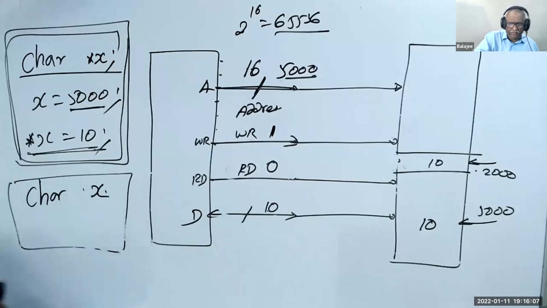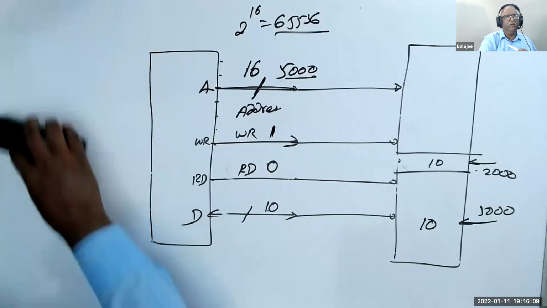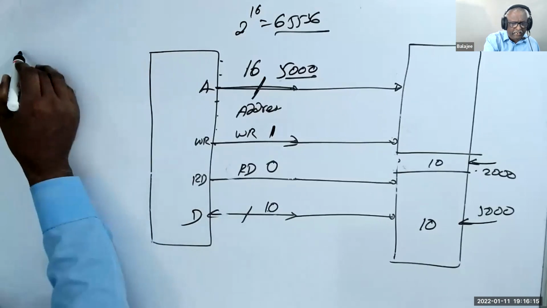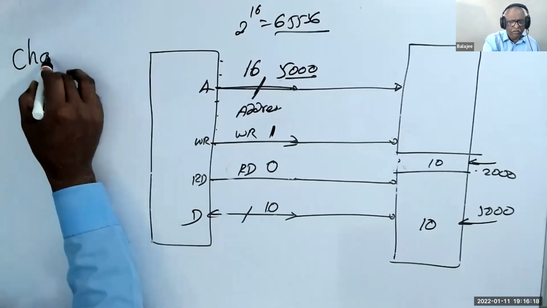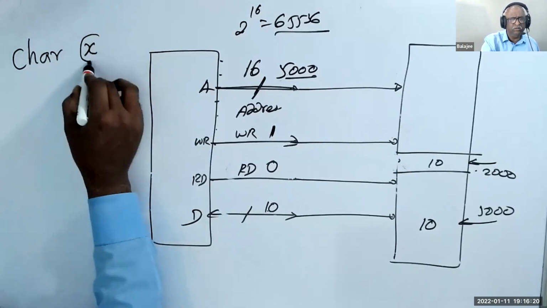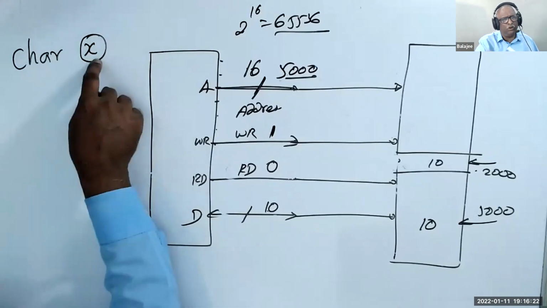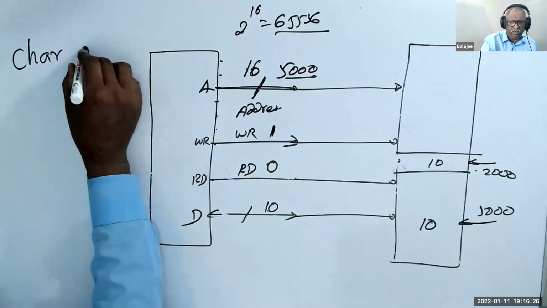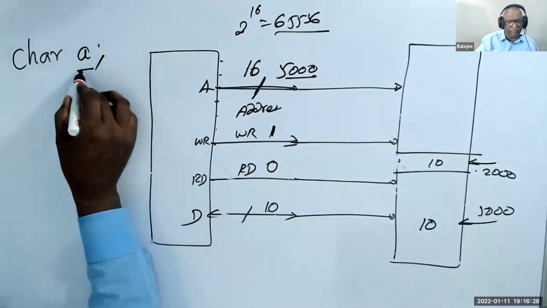Please understand this. This has to be understood by every embedded system programmer, or every C programmer. When you declare a variable, you may say X or A or B or anything. It doesn't matter.